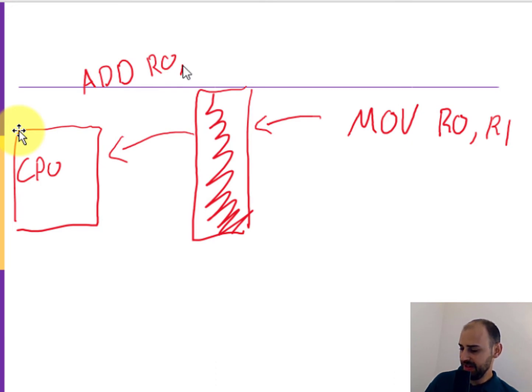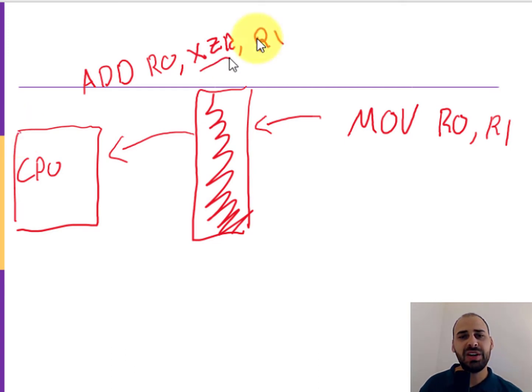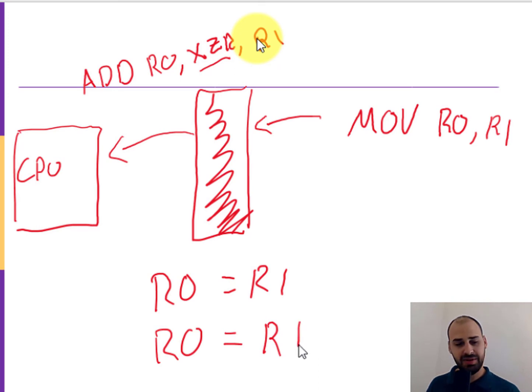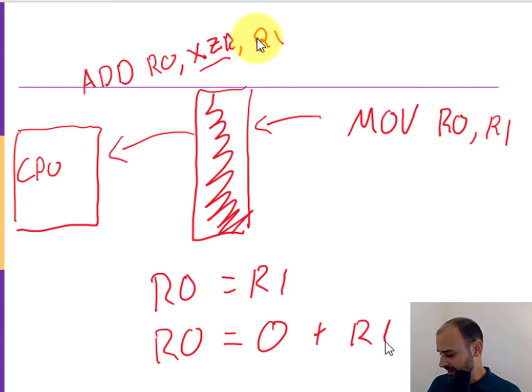I'll label it like this and mention this in a moment, where this here is a register that always contains the value 0. So effectively we're trying to set R0 equal to R1, and how we actually do this is we say R0 equals 0 plus R1.